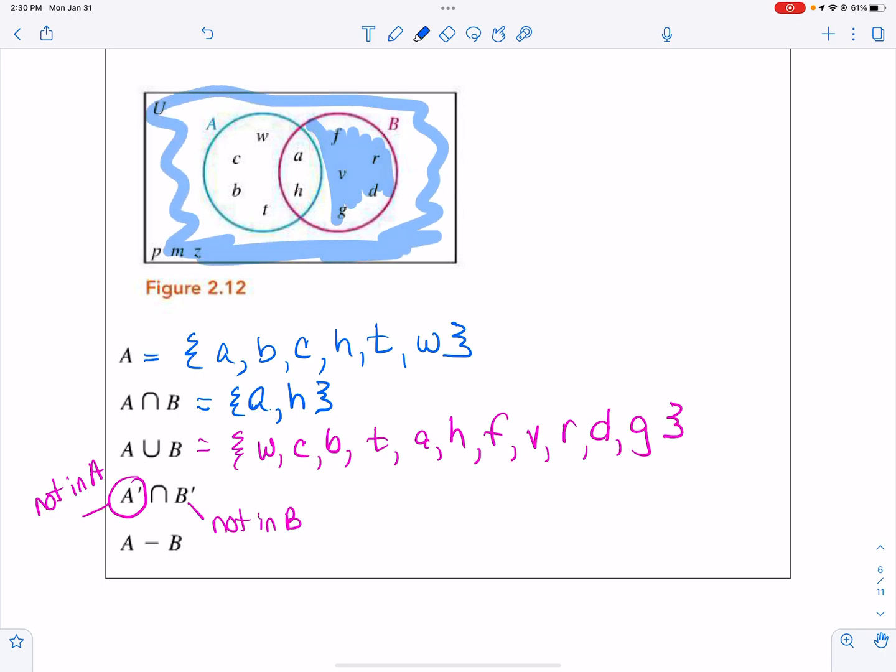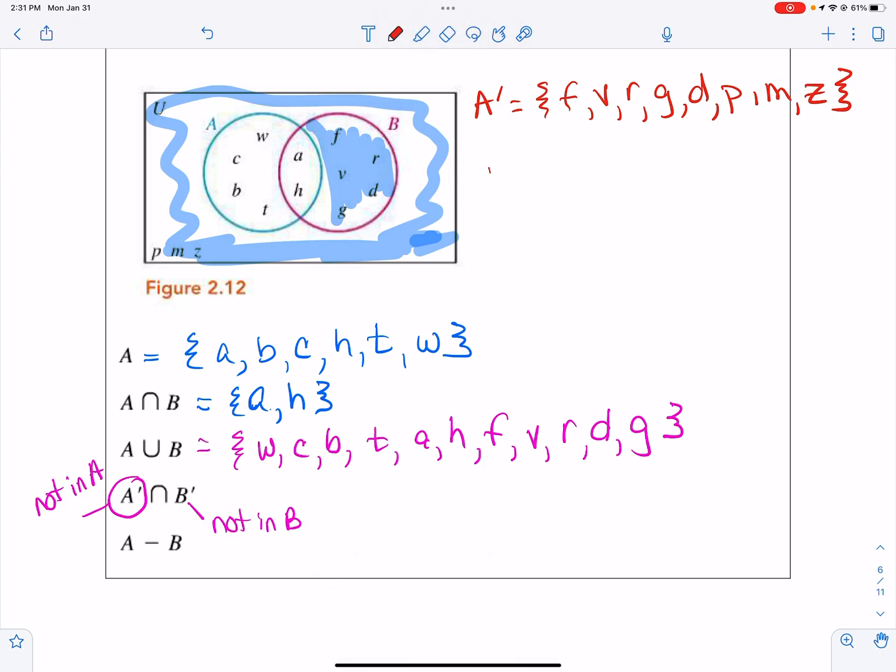That's not in A. So A complement is the set F, V, R, G, D, and then P, M, Z.